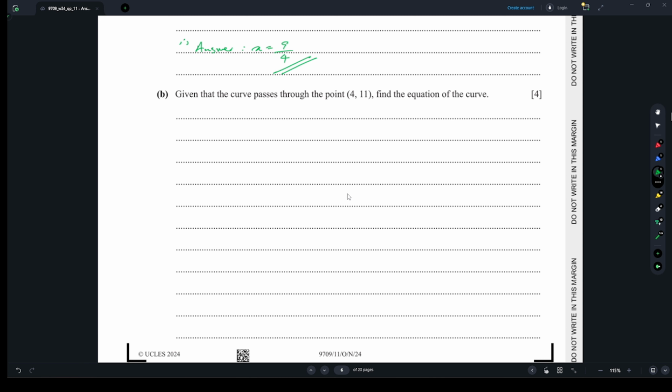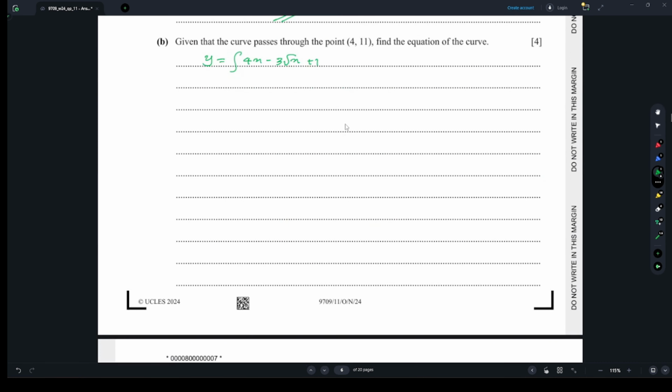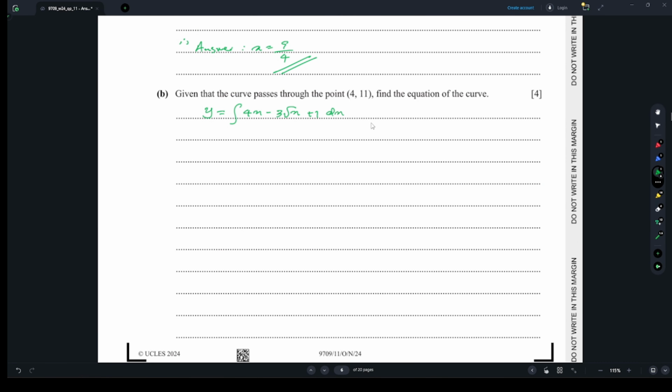So from that, if you want to find the equation, then you have to integrate it. So we can write y equals the integration of 4x minus 3 root x plus 1. That one was our equation. Okay, with respect to x.